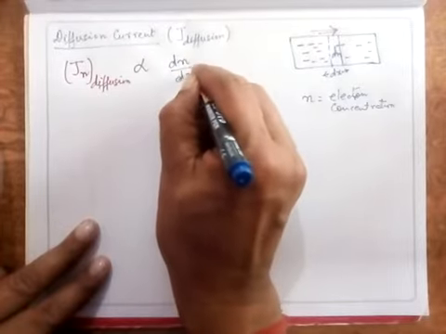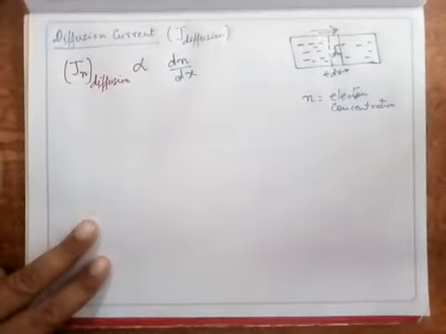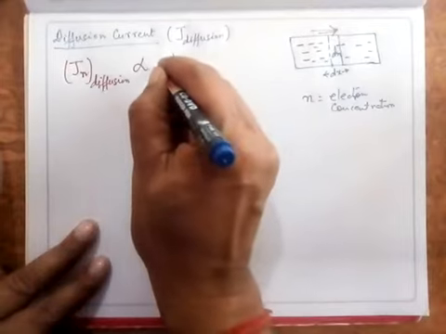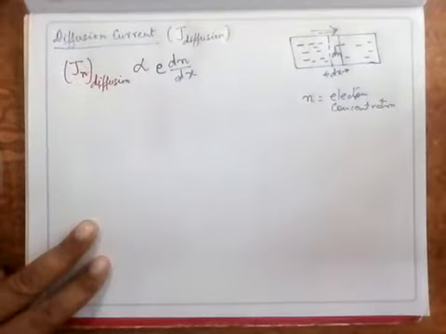That is called the charge gradient in this direction. And of course, if the charge on one electron is e, so it is equal to this much.